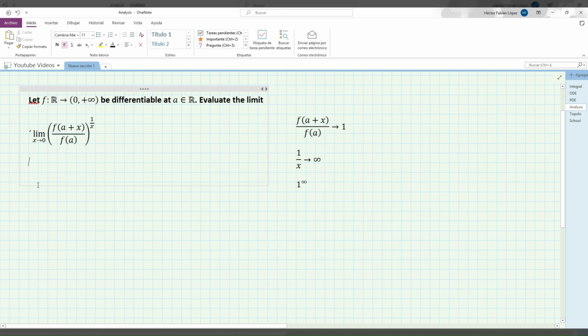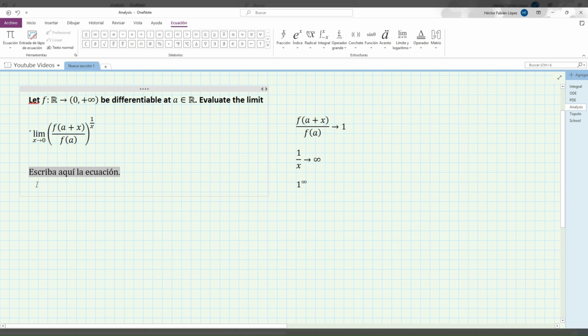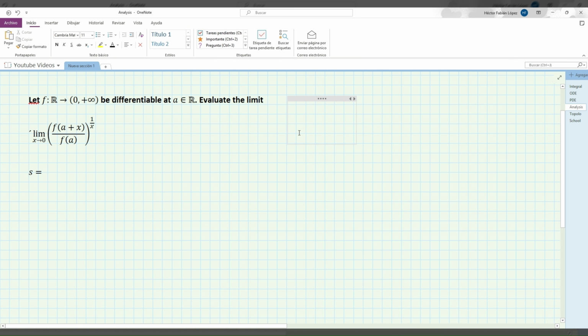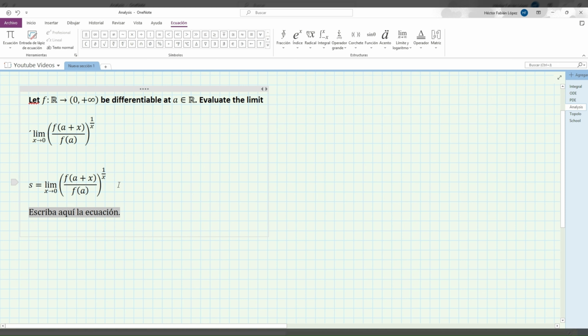Then we will begin. Firstly, we will call this limit S, let me delete this part. Okay, excellent. S is equal to all of this. And after that, we will apply natural logarithm to both sides of the equality, having ln of S equals the same thing but with the natural logarithm there.